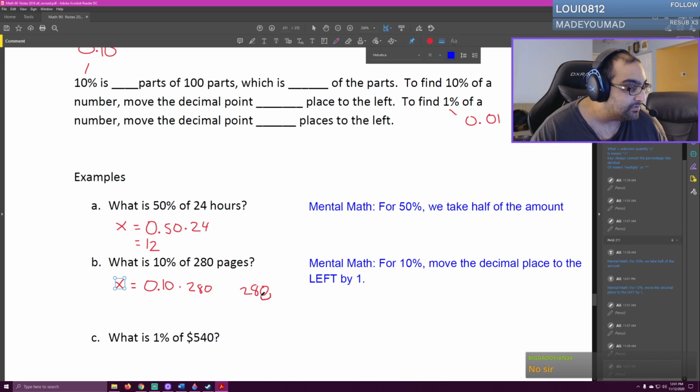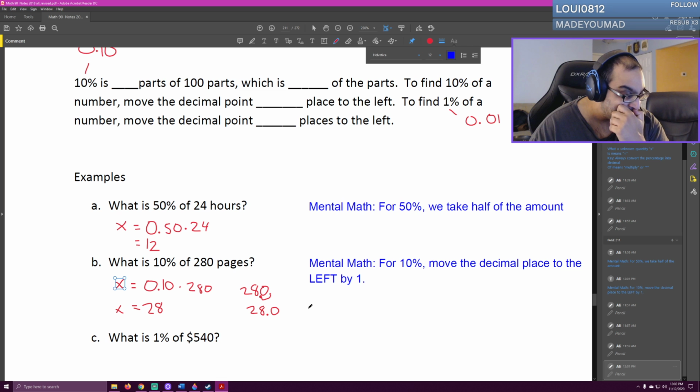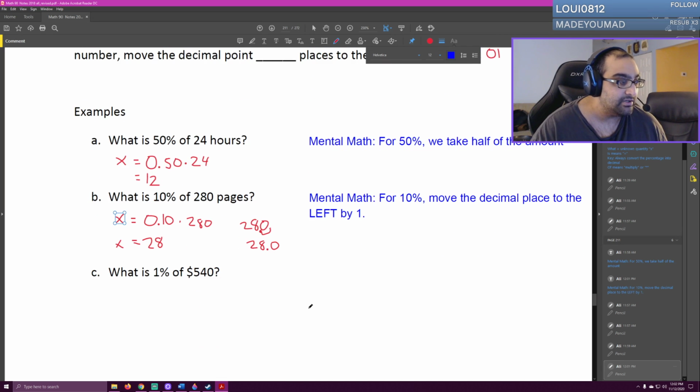So here I get 28 as a result. And that's going to be my answer for this problem: x is equal to 28. If you want to do it in your head, move the decimal to the left by 1, and you should be good to go.